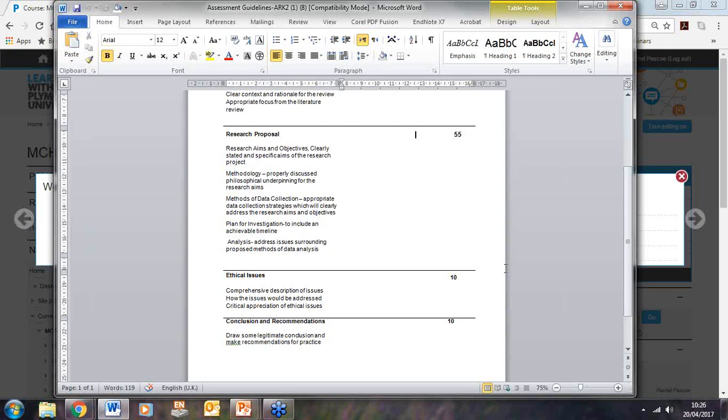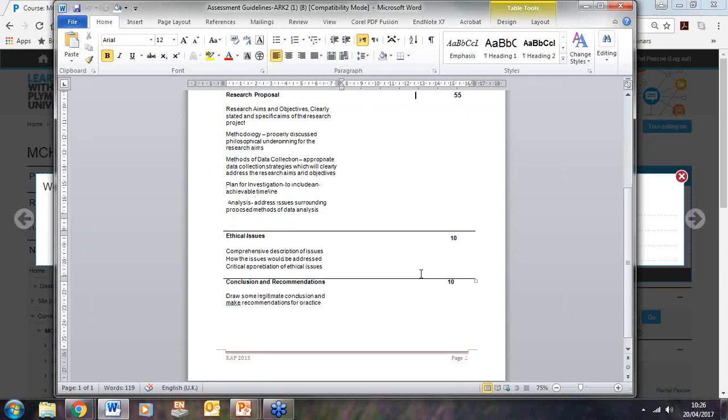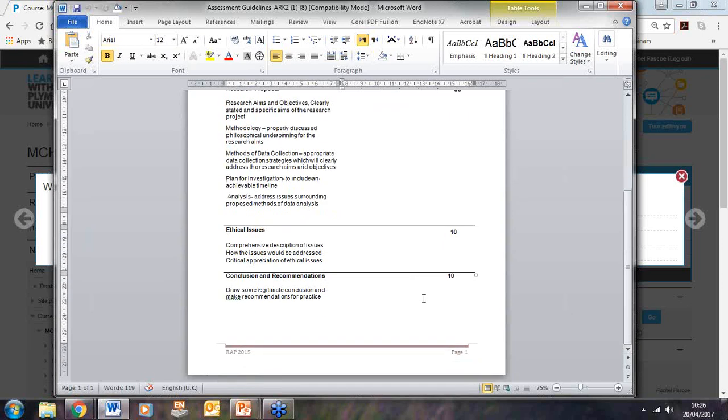So we'll go through exactly what's required in that section a bit more tomorrow, but only 10 marks, which might look quite small, but it is fundamental. And it's where, if you get this section wrong, I can sort of turn around and say you haven't understood the method of inquiry. So it really needs to be clearly outlined.